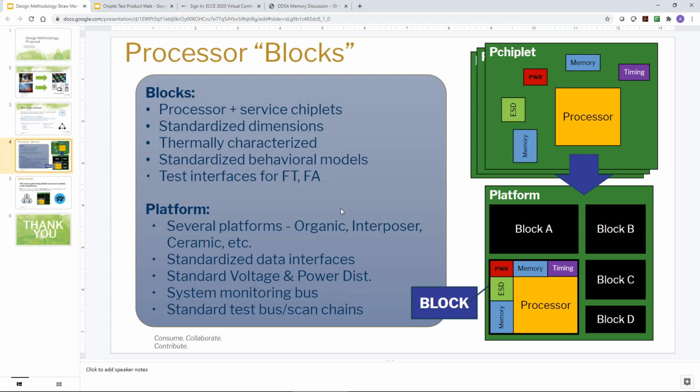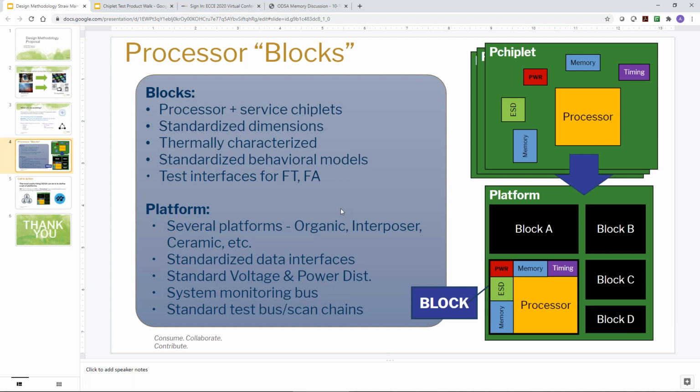So this is Elko again. When I look at this and I hear what you're saying, Ali, in a way, what differentiates these blocks from standard ICs today that are being put together on a PCB? What we're seeing is standard ICs being disaggregated into chiplets and a core IC.